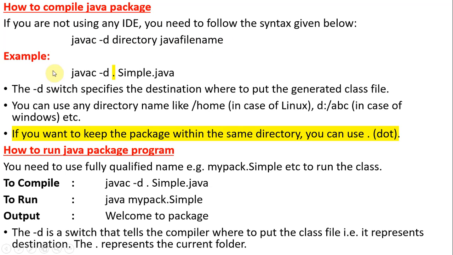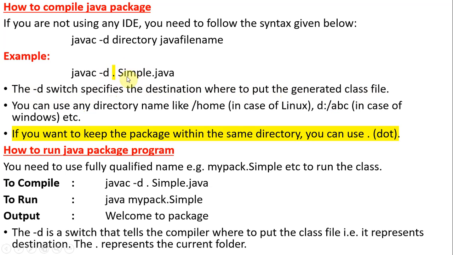Let's go with an example: javac space minus D space dot space simple.java. What does the command mean? javac means the Java compiler. We are instructing the Java compiler to compile the current file. The next one, minus D, is a switch which specifies the destination where to put the generated class file.